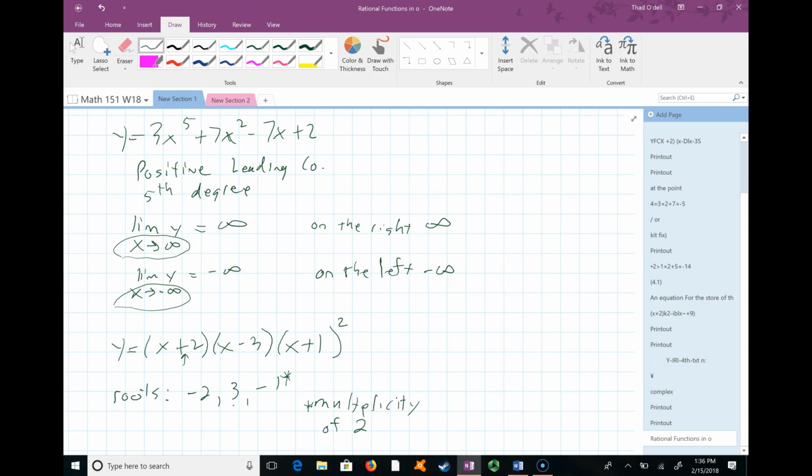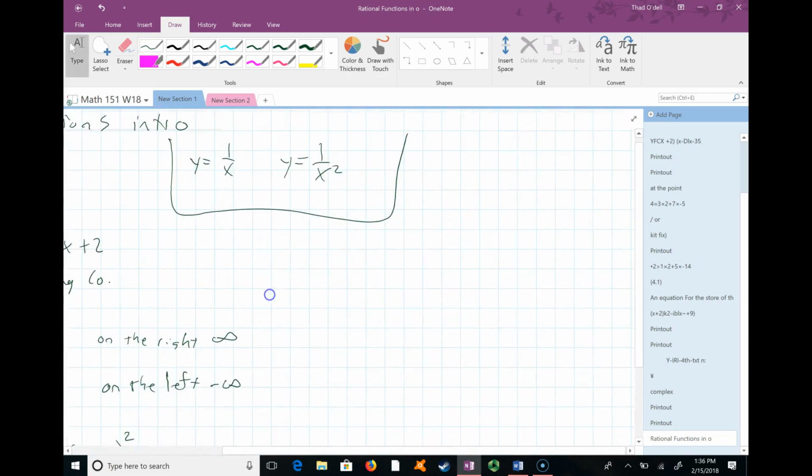So those are the two concepts from polynomials that are important for us to understand: the end behavior and the connection between roots and factors. And remember, roots just means the numbers that make the equation equal to 0 when you plug them in for x. So negative 2 is a root connected to this factor, because when I plug negative 2 in for x, negative 2 plus 2 is 0. So that's what we need for polynomials.